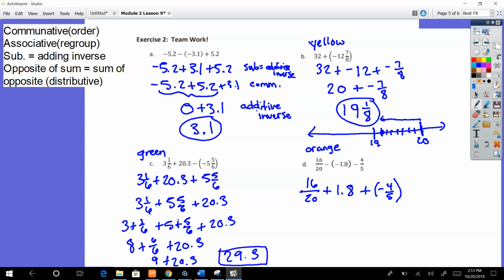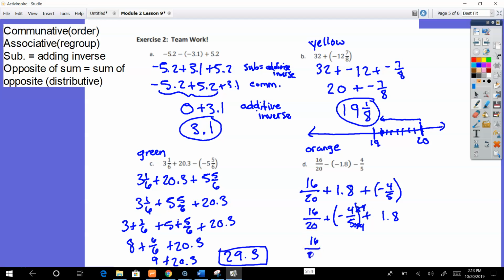So I'm going to get my fractions next to each other. So 16/20ths plus a negative 4/5 plus 1.8. And I can multiply by 4 to make that 20. If I do it to the bottom, I have to do it to the top.